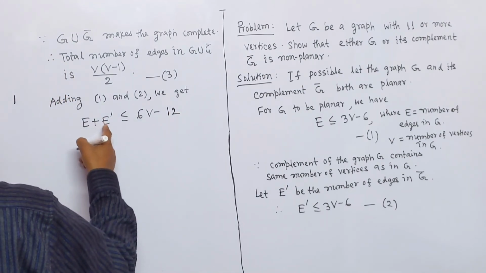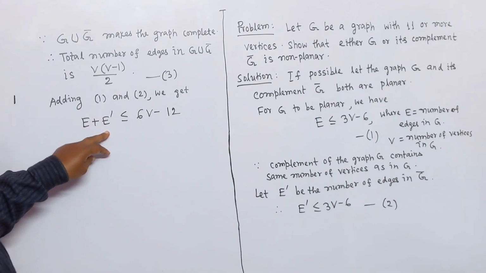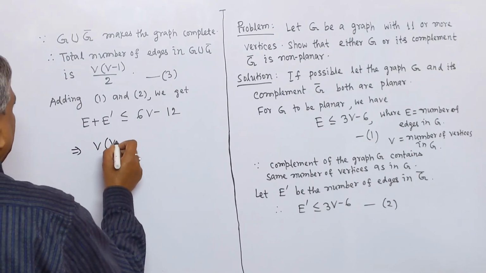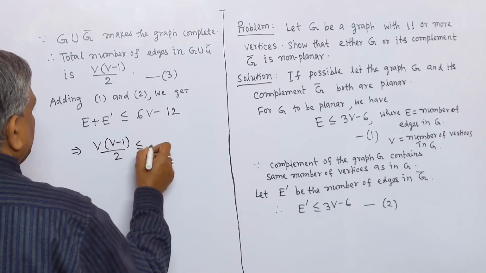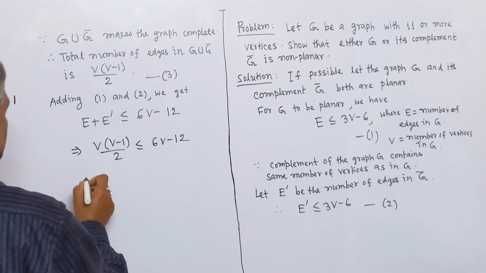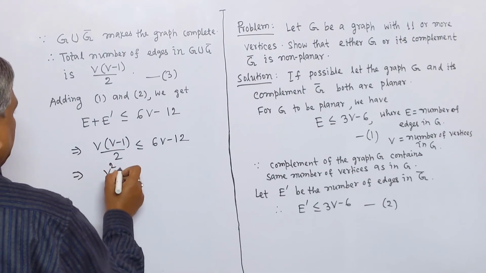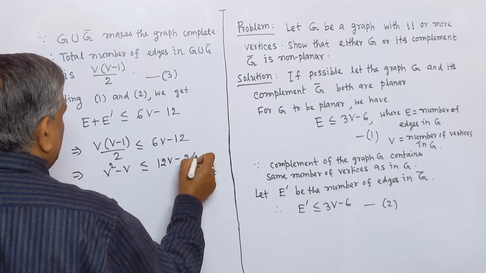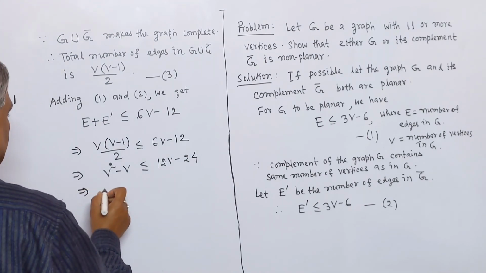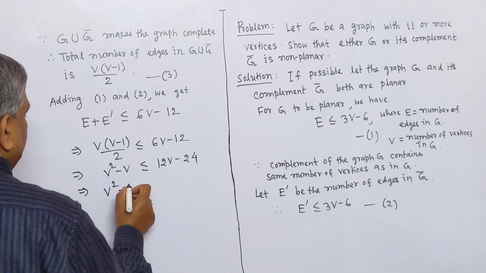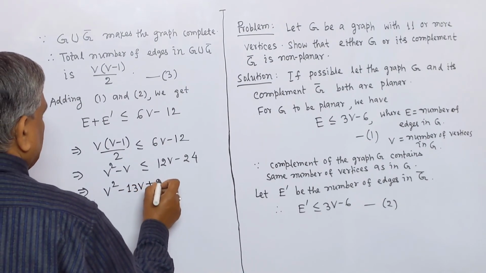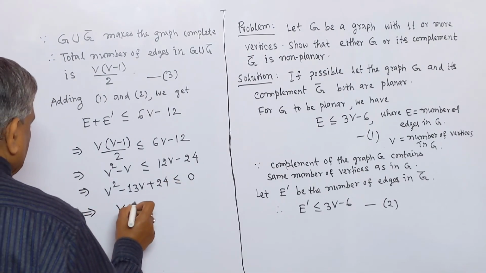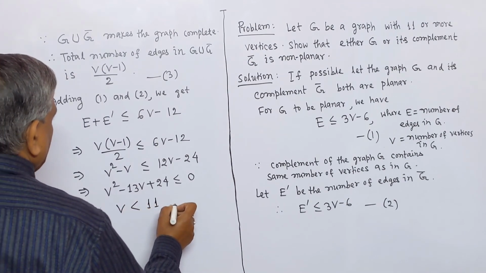Since E plus E prime is the number of edges in G union G bar, V(V minus 1)/2 is less than or equal to 6V minus 12, which implies V squared minus V is less than or equal to 12V minus 24, which implies V squared minus 13V plus 24 is less than or equal to 0, which implies V is less than 11. This is number 4.